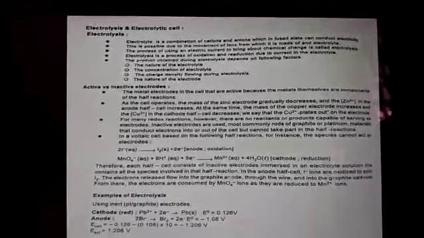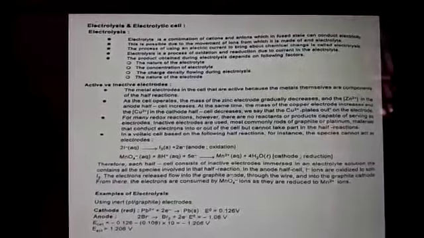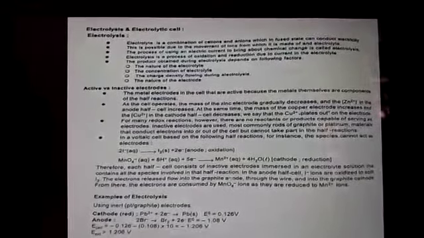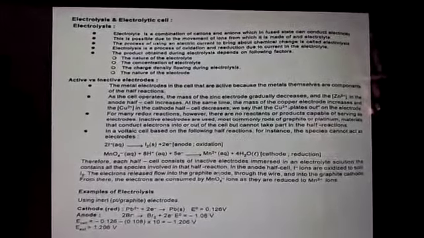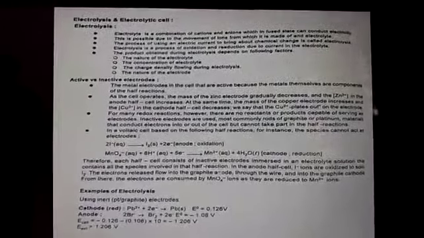If the solution contains all the halide ions, the order of their oxidation at the anode will be I⁻, Br⁻, Cl⁻, F⁻. This means that the species with low reduction potential is oxidized first.